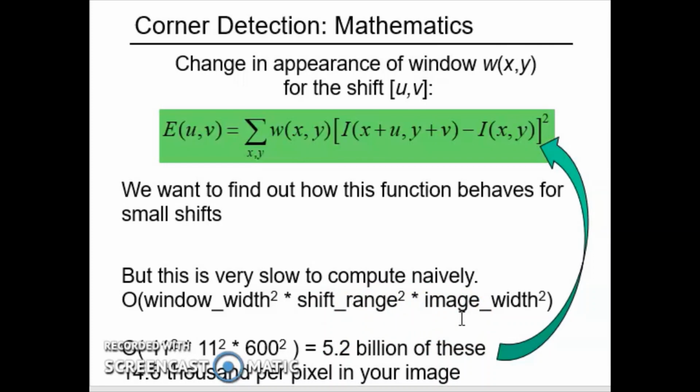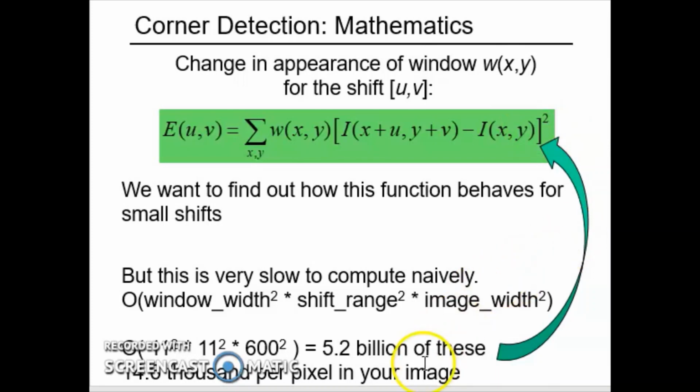According to a rough estimation, if our window is of size 11 by 11, and the shifts that we are applying also correspond to 11 by 11 shifts, and if the image resolution is 600 by 600, then roughly we have to perform 5.2 billion calculations just to calculate this energy in order to find the corners.